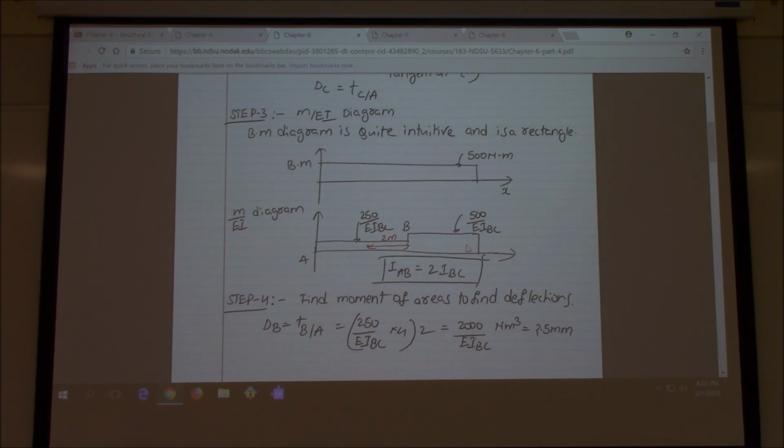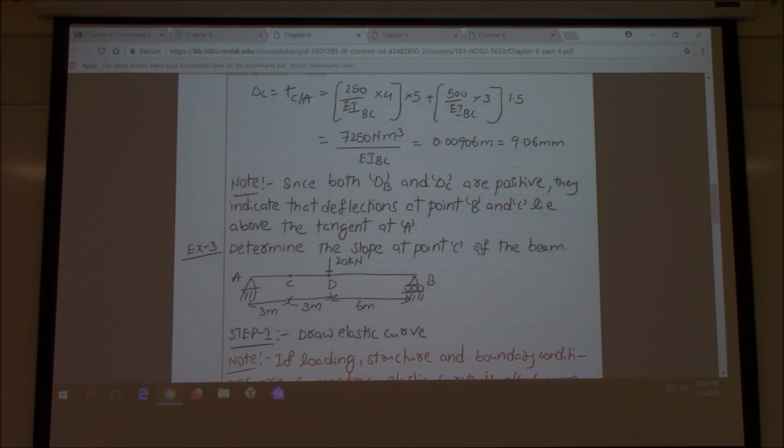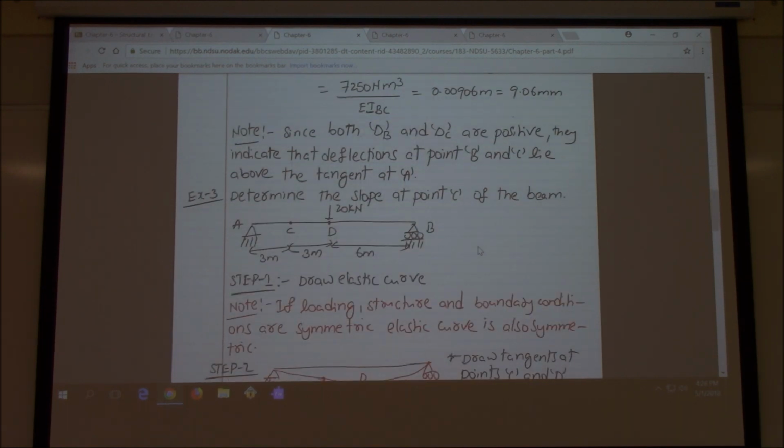This area is just 1.5 meters from C, and this area is 5 meters from C. So that is how you get both delta B and delta C.